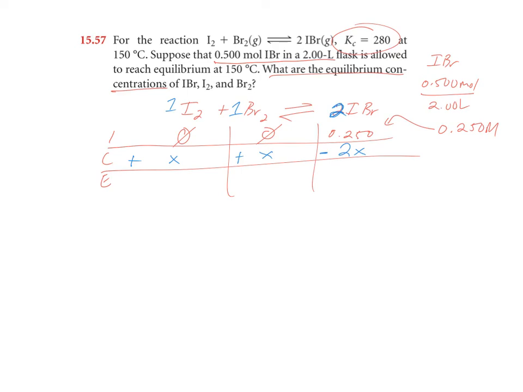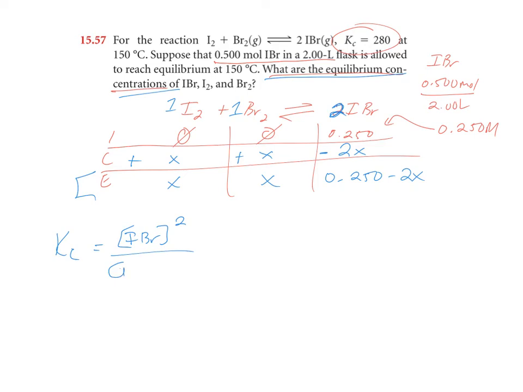And now for equilibrium, I just do the mathematics. So 0 plus x is x, 0 plus x is x. And my decrease here is 0.250 minus 2x. Now to find what x is, because the question is asking what are the equilibrium concentrations, so ultimately I'm looking for these values for equilibrium. I need to plug these into the equilibrium constant expression, which is concentration of IBr squared over I2 times Br2.